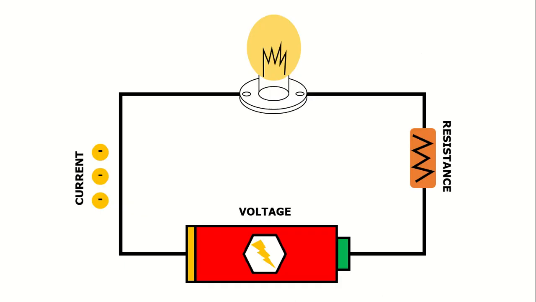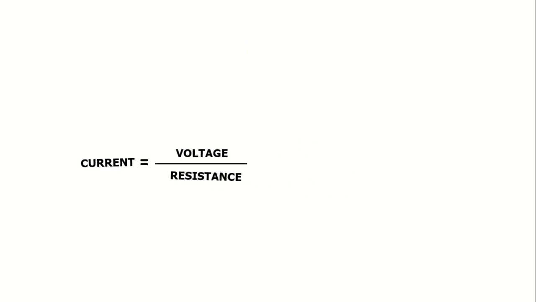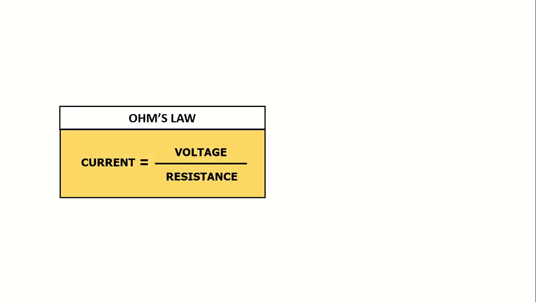Voltage, current, and resistance are important elements of a circuit. They can be related to one another using Ohm's law, a fundamental equation when studying electricity. Ohm's law states that current is equal to the voltage divided by the resistance of the circuit. This means that if voltage is increased, the current through the wire will also increase.